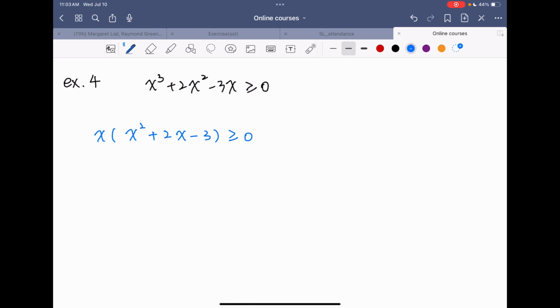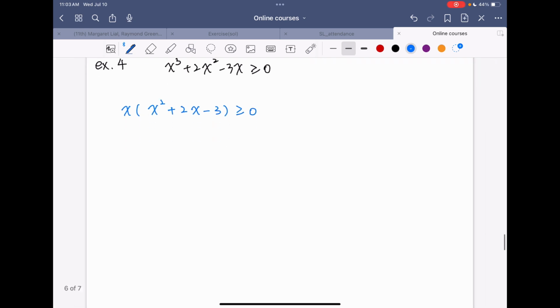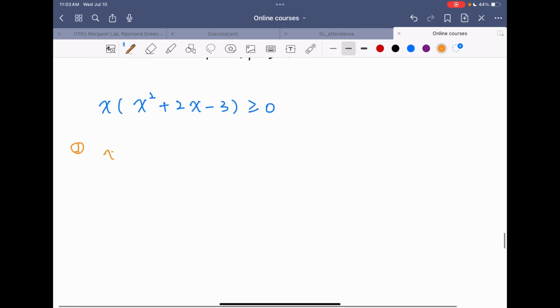And at this point, we have to solve the question in polynomial. So let's write it right here with a different color. So this will be our question: x squared plus 2x minus 3, that is equal to 0.